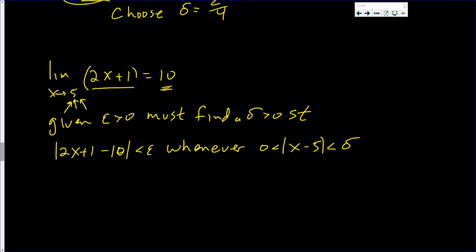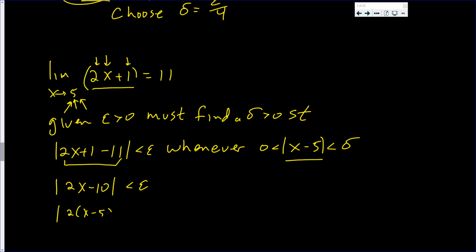So we know the game, and something's bothering me already, and what's bothering me is that this limit is wrong, because 2 times 5 is 10 plus 1 is 11. So minus 11. All I want to do is get what's in the absolute value bars to be x minus 5. Well, what's in it is 2x minus 10. But then I could factor out a 2 and smile, because now I have x minus 5.